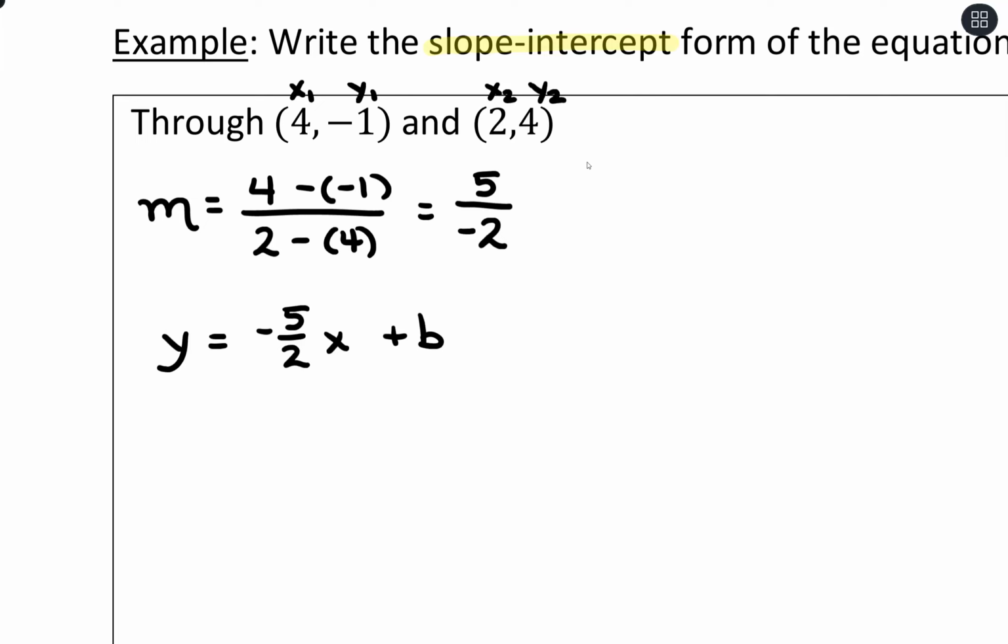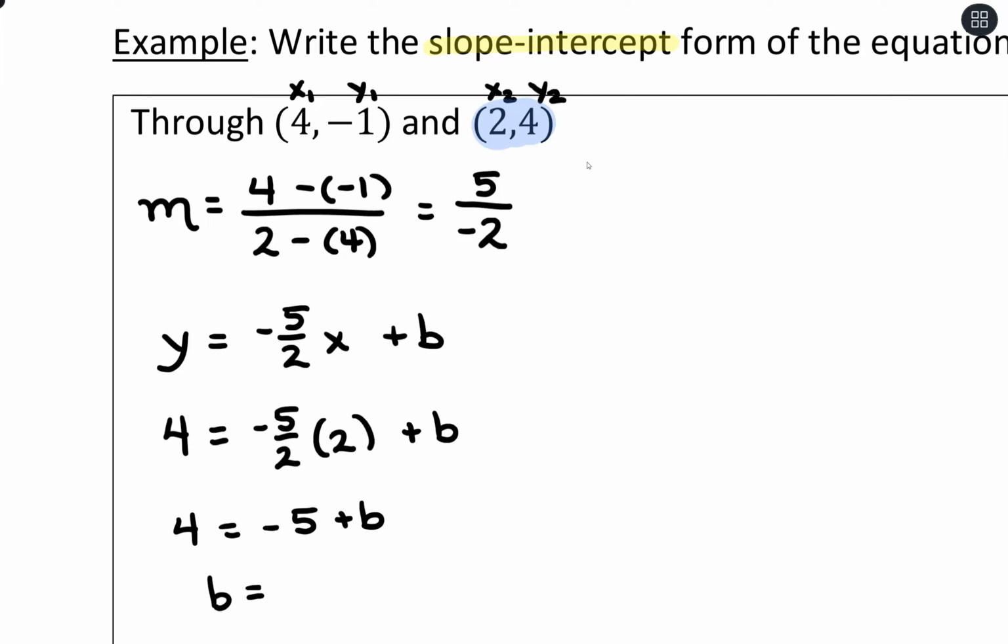And to find b, what we need to do is just choose one of these coordinates. Doesn't matter which one, it should work out the same. How about the 2, 4? So I'm going to plug in y equals 4 equals negative 5/2 times 2 plus b. So 4 equals negative 5 plus b.